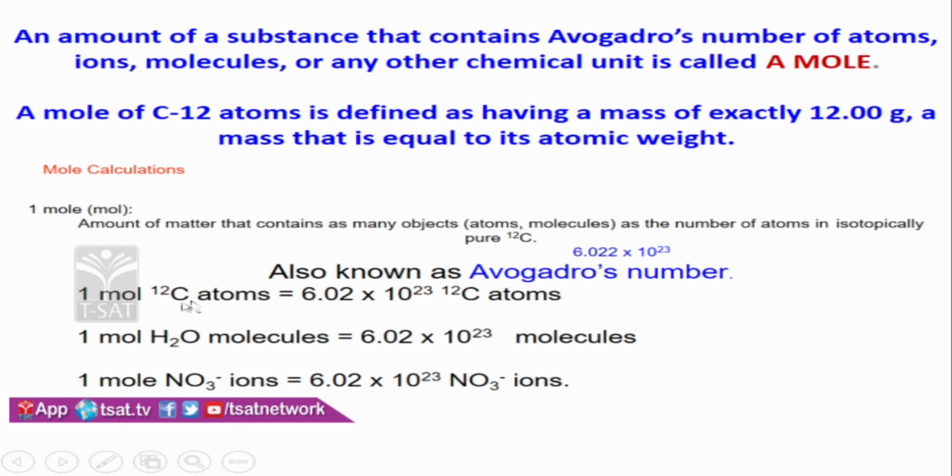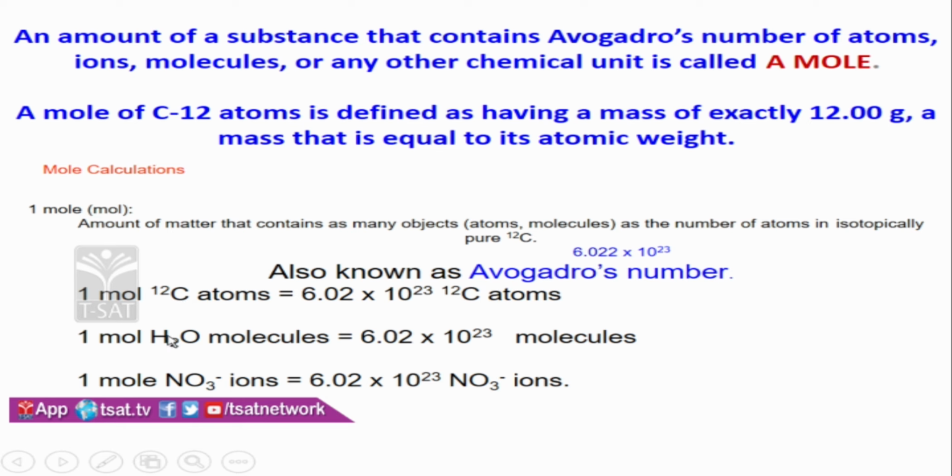See, 1 mole carbon, 1 mole water, that is, 1 mole of water molecules, the Avogadro number of molecules. Do not get confused here: only C is an atom, so we consider the atomic symbol. Here it is the molecular formula.